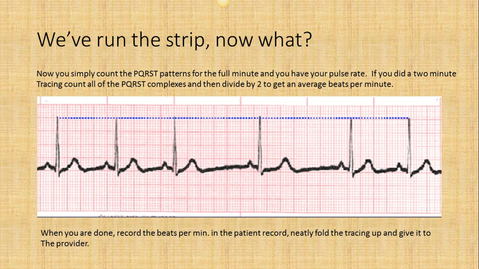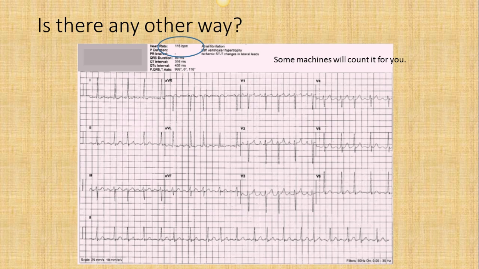That is your heart rate for that minute. If you did a 2-minute rhythm strip, count them all up for the 2 minutes, and then divide by 2, and that will give you the average heart rate over that 2-minute period. After you've counted it out, document it in the record, fold the tracing up, and give it to the provider.